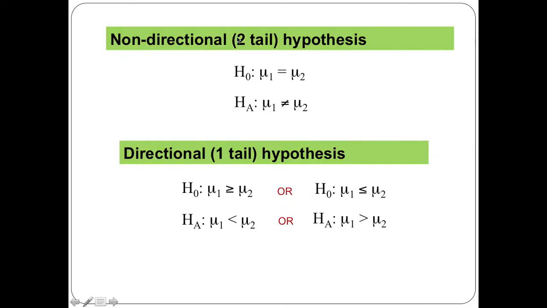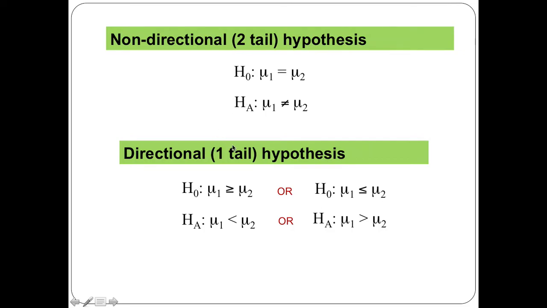So there are two types of hypothesis: a two-tail, which we also call a non-directional hypothesis, or a one-tail, or a directional hypothesis. In the non-directional hypothesis, we are testing whether there is a significant difference in your alternative hypothesis.